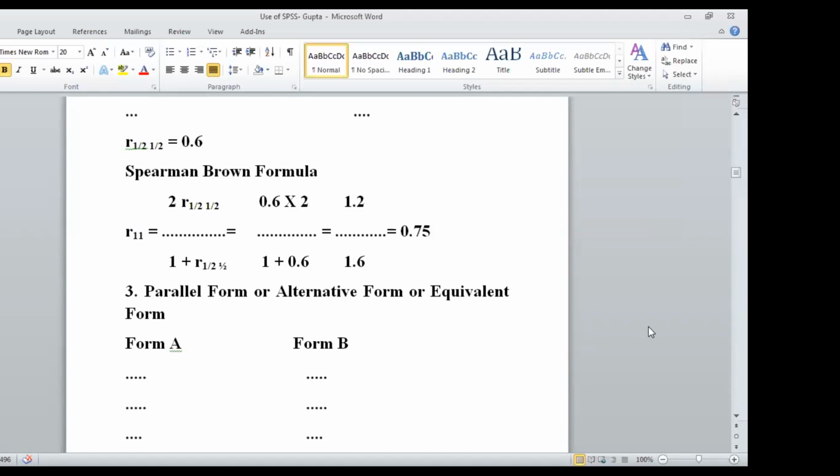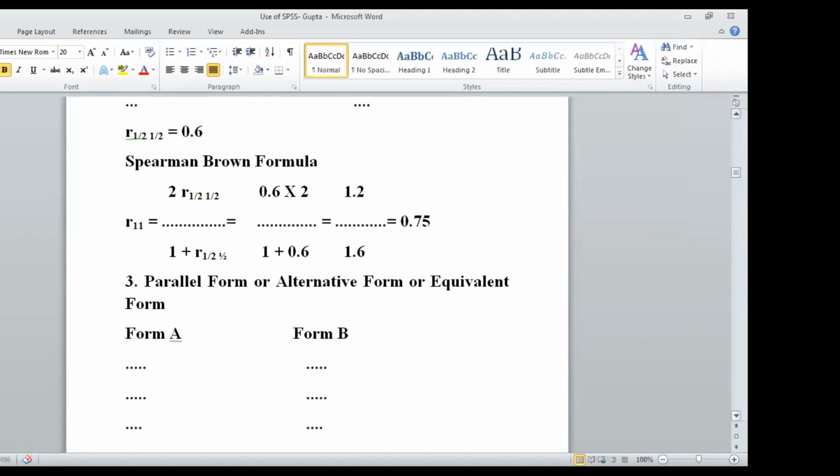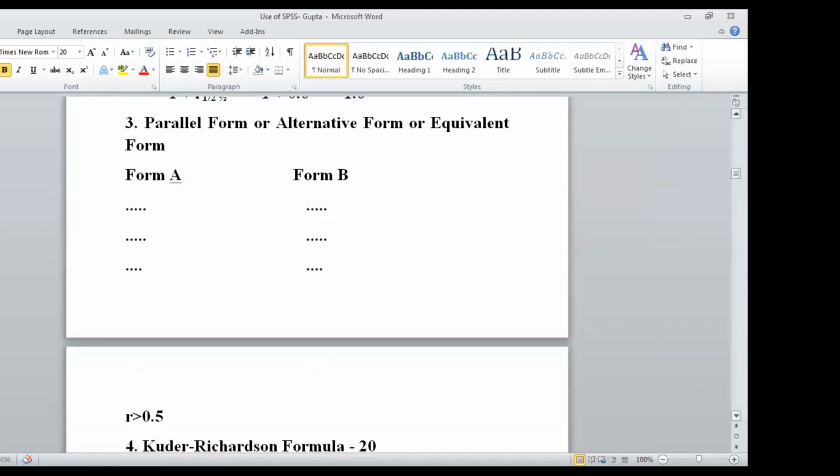And the third one is the parallel form method. I told you, if you want to have 30 items in one, then you have to select 60 items, because you are having a parallel form. So you have form A with, say, 30 items, in the form B also 30 items.